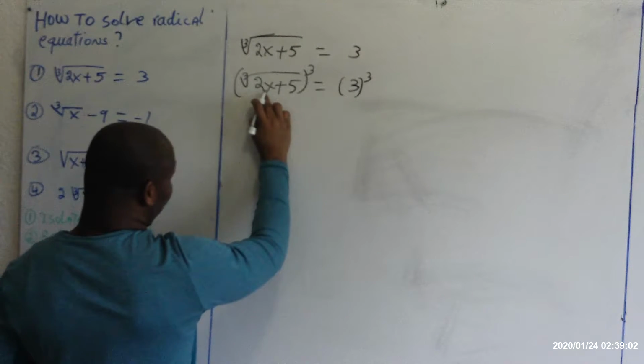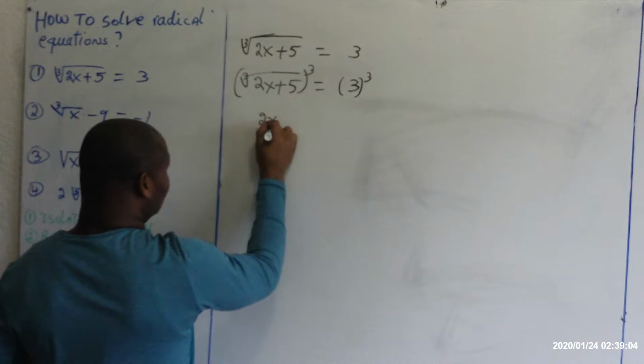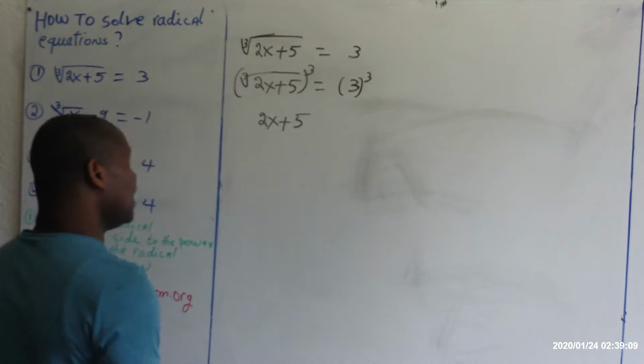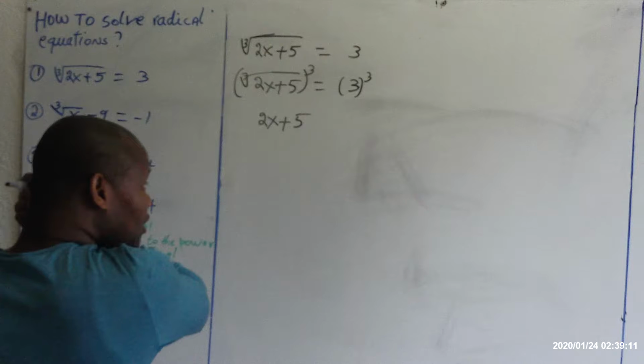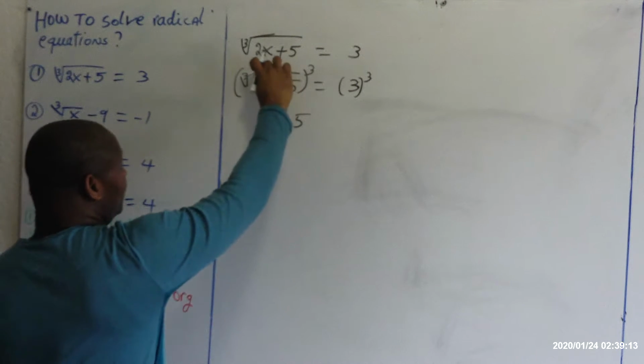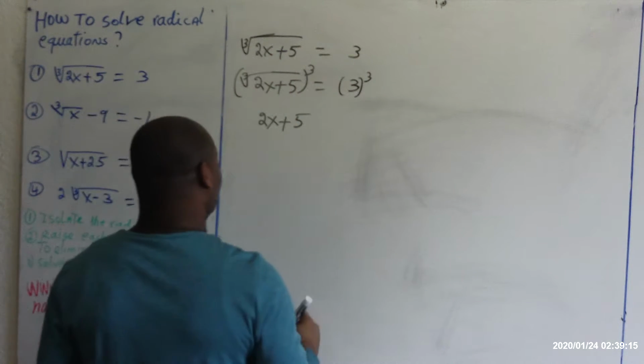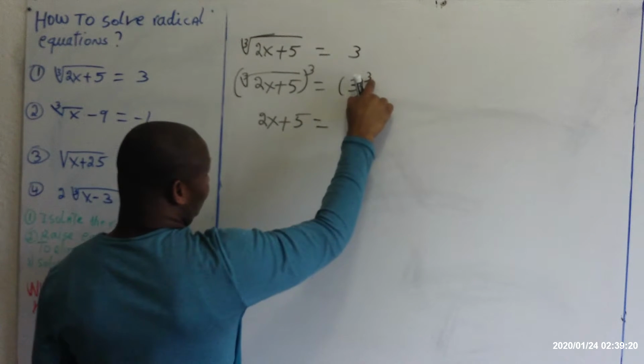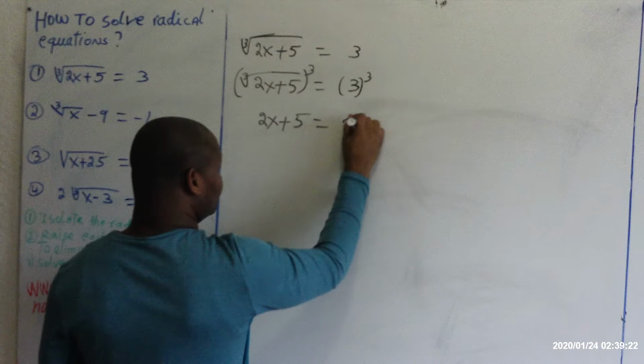The reason why we raise them to the power 3 is because we need to get rid of the radical sign. Okay? So we get rid of it right now. So 3 power 3 is 27.